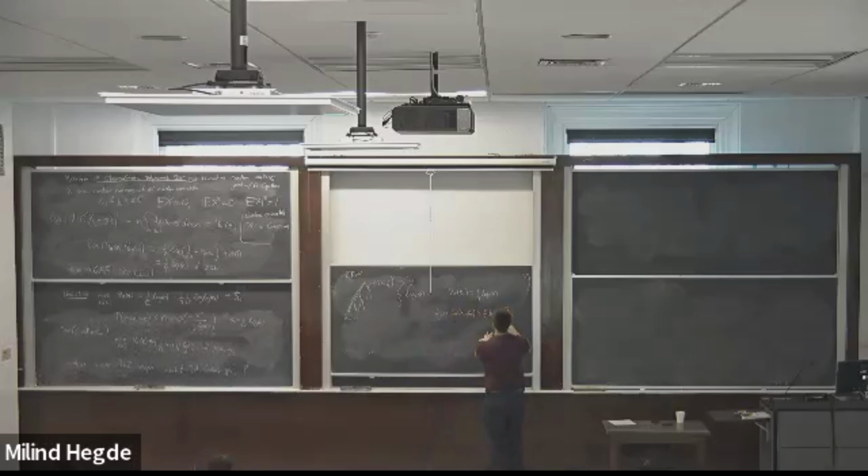And in this case, R is some parameter between 0 and 1. And this set is going to be, to leading order, some mesoscopic fraction of the overall number of random variables.